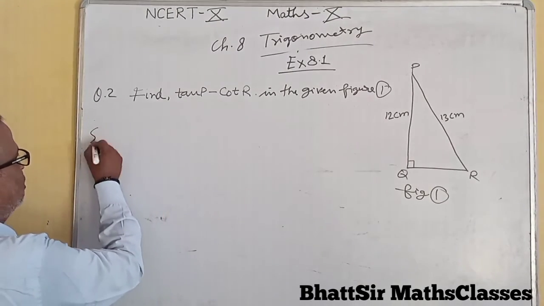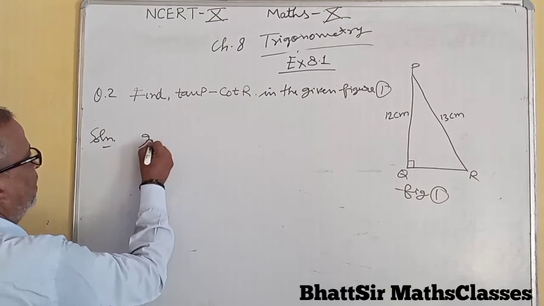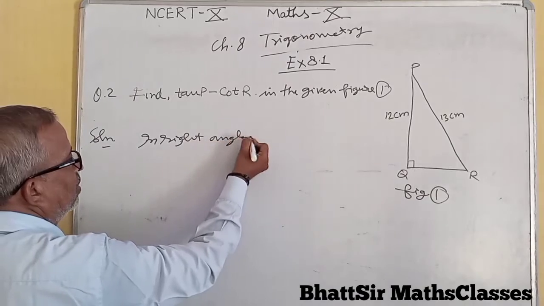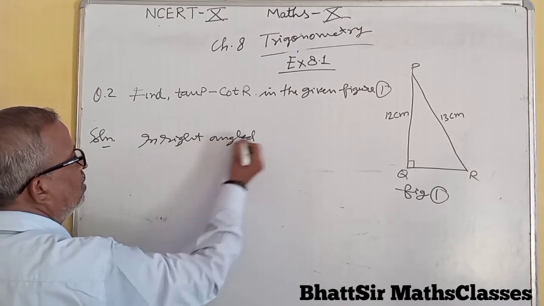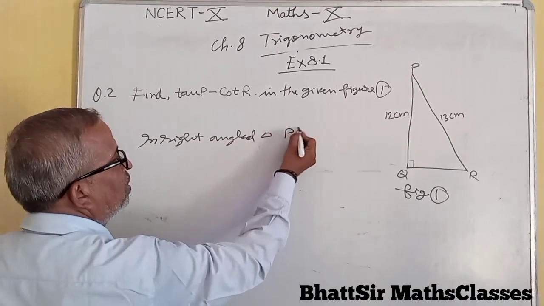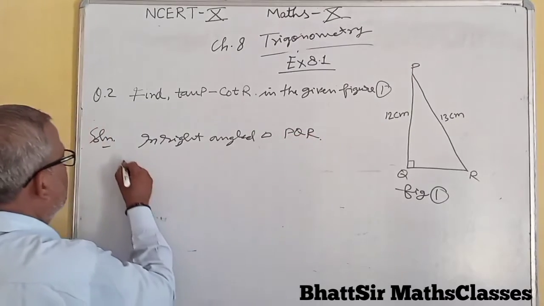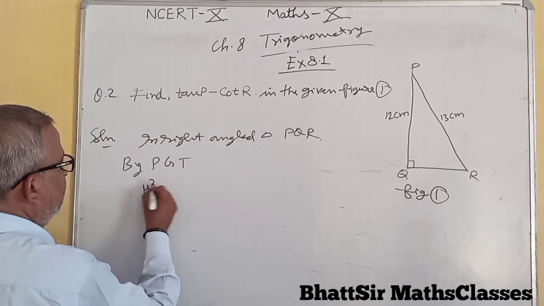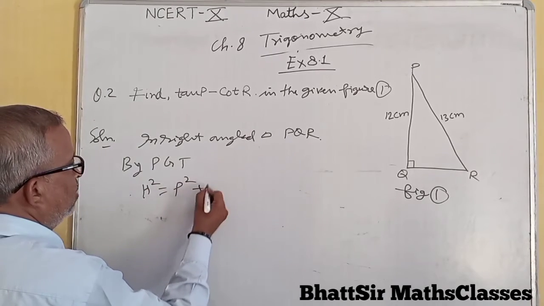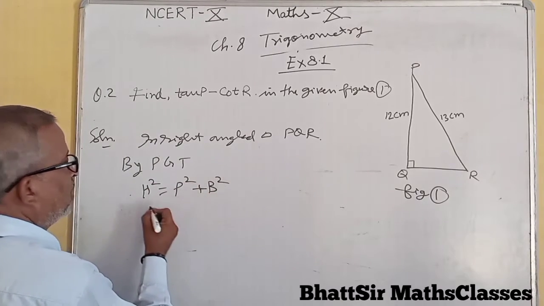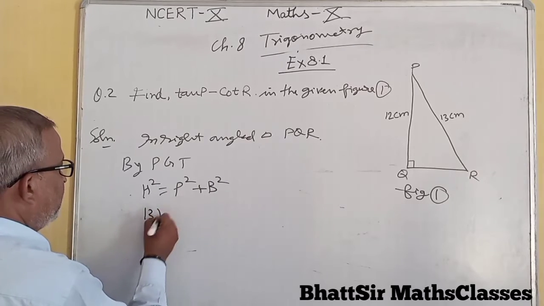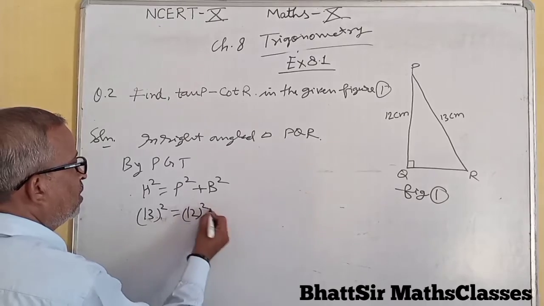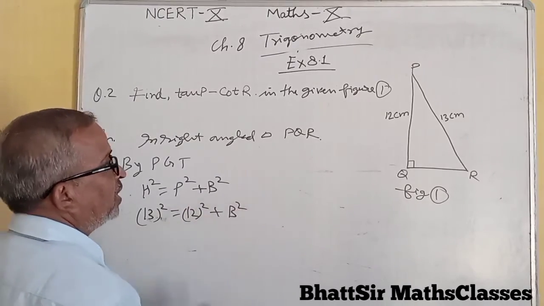I am giving a solution in right angle triangle PQR by PGT: H square equals P square plus B square, 13 square, P is 12, B square.